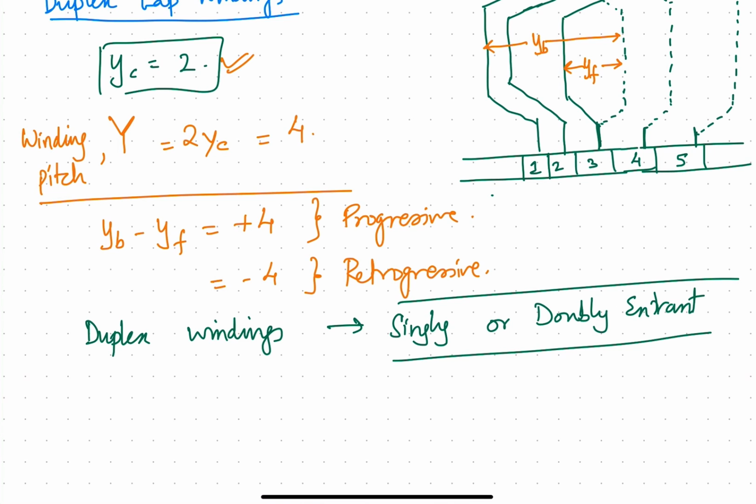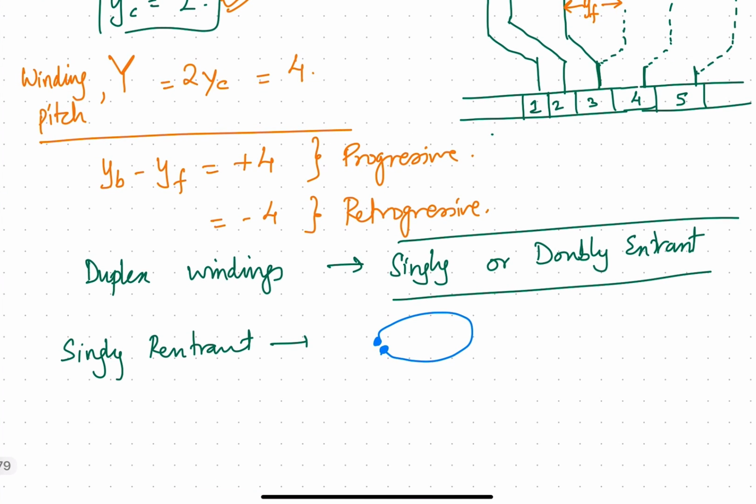What do you mean by this singly and doubly reentrant? A winding is said to be singly reentrant if after tracing the entire winding the starting point is reached. So you trace the entire winding, start from one point, trace the entire winding, and the starting point is reached again, and this is called a singly reentrant winding.